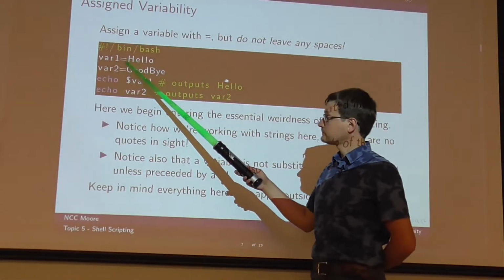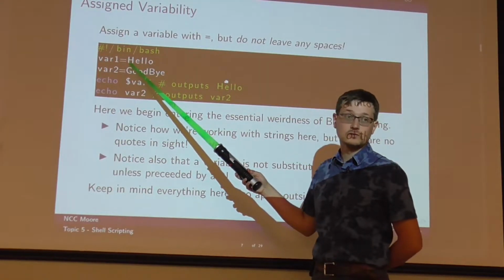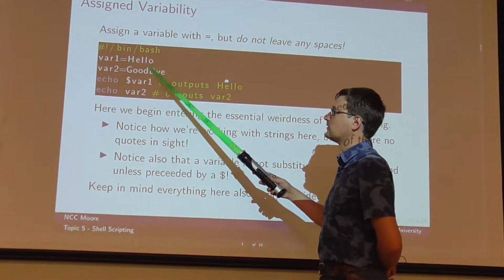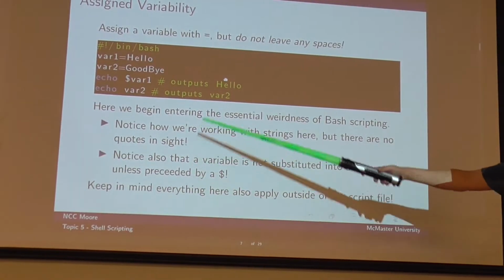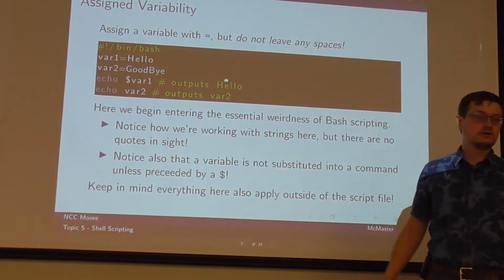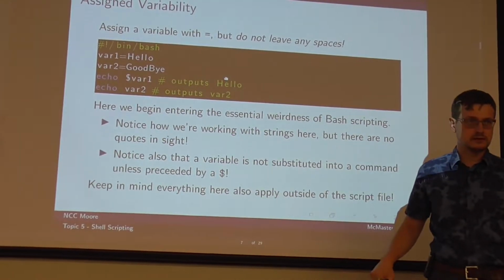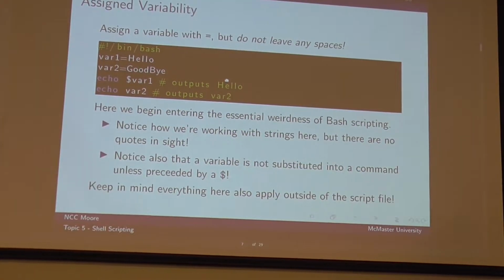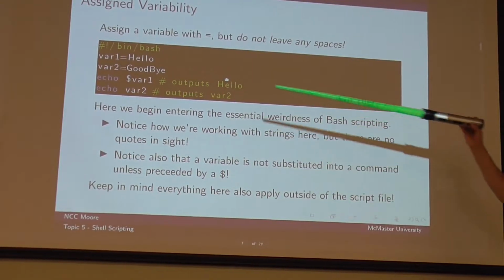So, if I were to put a space right here between the equal sign and the hello, that means that the value of this variable would not be hello, it would be space hello, which has different meaning when it's substituted into commands, right? You would be inserting a space that you may not necessarily want to insert. Now, in some cases you may want to insert that space, in which case you can include it in the variable value.